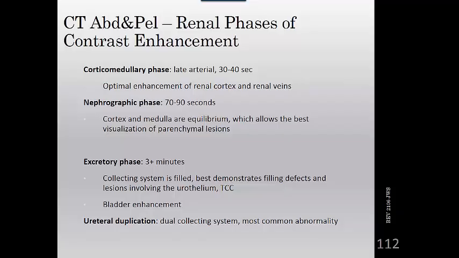The nephrographic phase is 70 to 90 seconds, when the cortex and the medulla are in equilibrium, and this allows the best visualization of parenchymal lesions within the kidney. And then the excretory phase is 3+ minutes, and that's when the collecting system is filled. It best demonstrates the filling defects and lesions involving the urothelium and transitional cell carcinoma. And you also have bladder enhancement during that time.